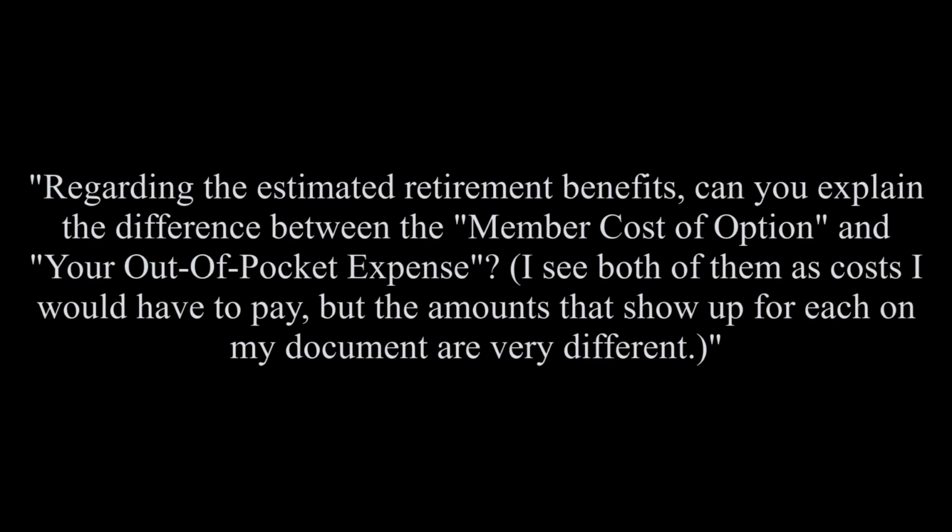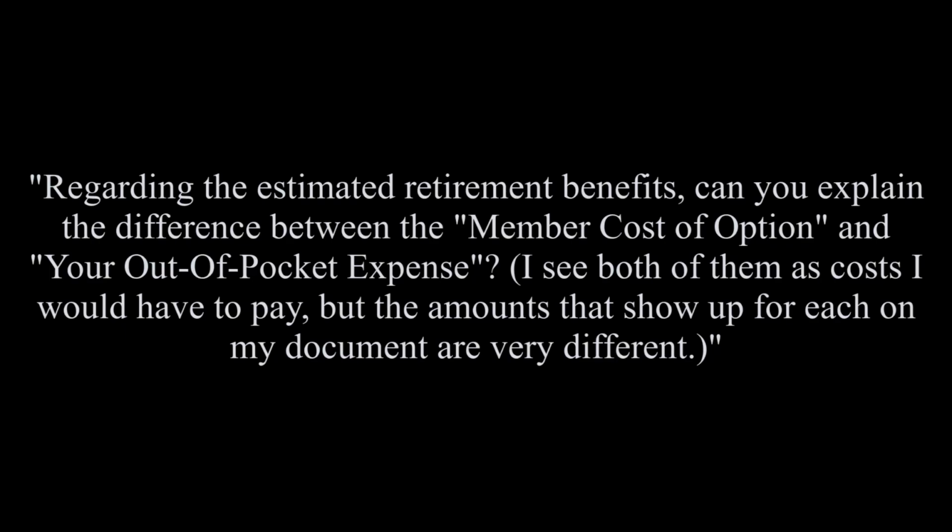So the difference between those two, when we calculate your termination pay on your estimate, we add your termination pay into your 3 highest consecutive for option 1. Now we determine how much that's going to increase that benefit. Then we do an actuarial calculation to determine the cost of that option, so that we know what it's going to cost to fund that additional amount for the rest of your life for your benefit.